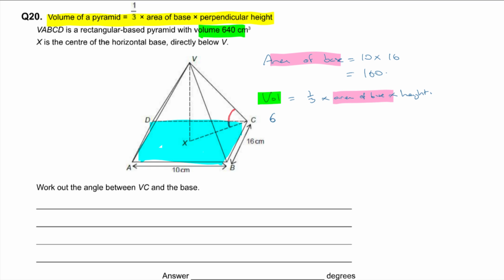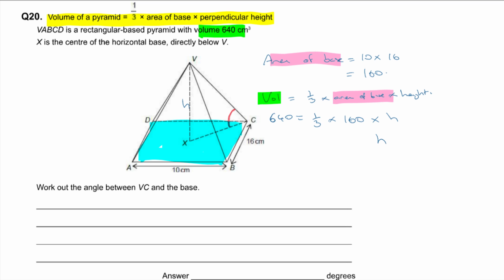So let's sub in the things that we know then. So 640 is equal to 1/3 times the area of the base, which is 160, times the height. Just put height in there so I know what I'm finding. So rearranging that then, I'm going to cross multiply that 3 and 160.